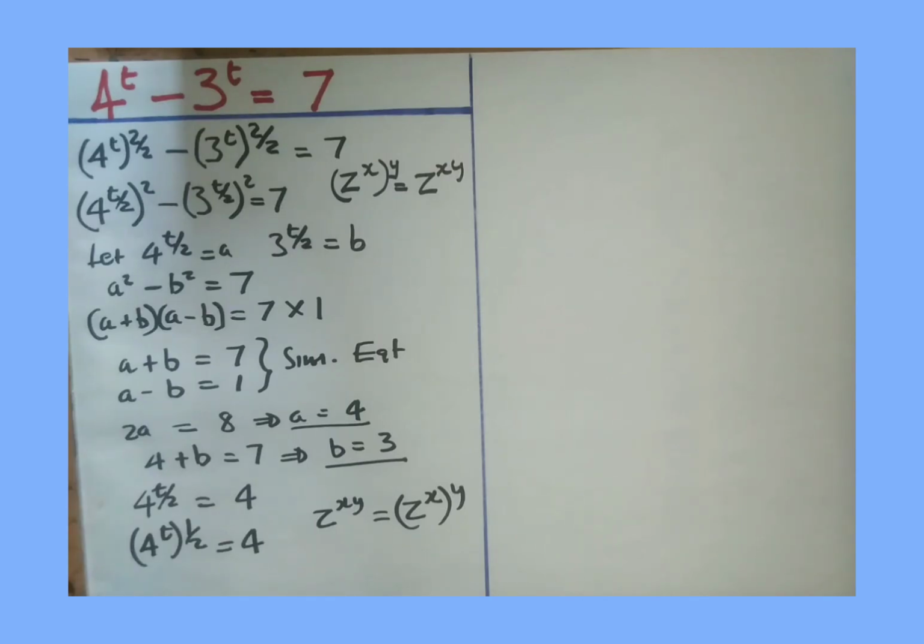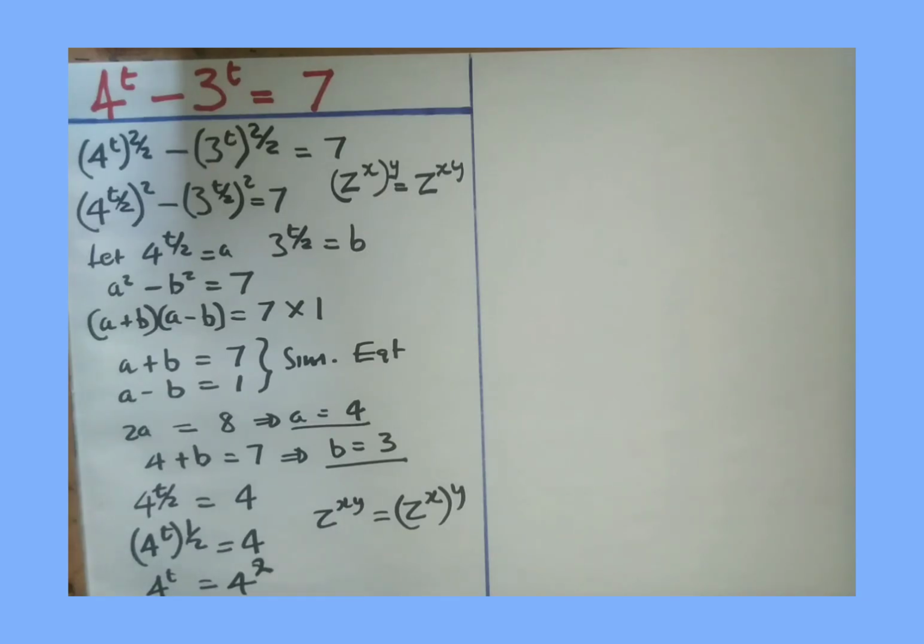Let's square both sides. We then have 4 to the power t is equal to 4 squared, which of course is 16. Now, on the right-hand side, 4 is raised to the power 2, or the index here is 2.